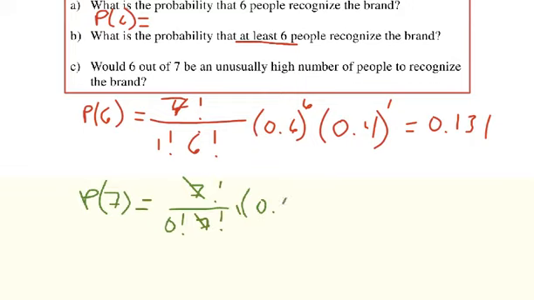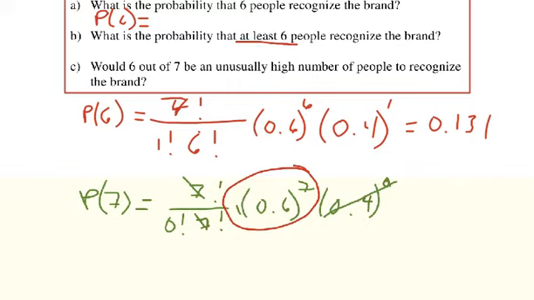Times 0.6 to the 7th power times 0.4 to the 0 power. And of course, anything to the 0 power is just 1, so those cancel out too. So really, what we're calculating here is 0.6 to the 7th power. Plugging that into the calculator, we get 0.028.